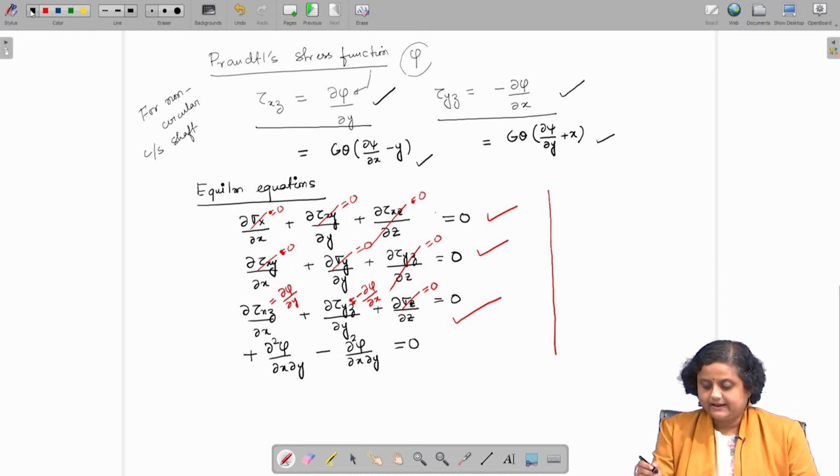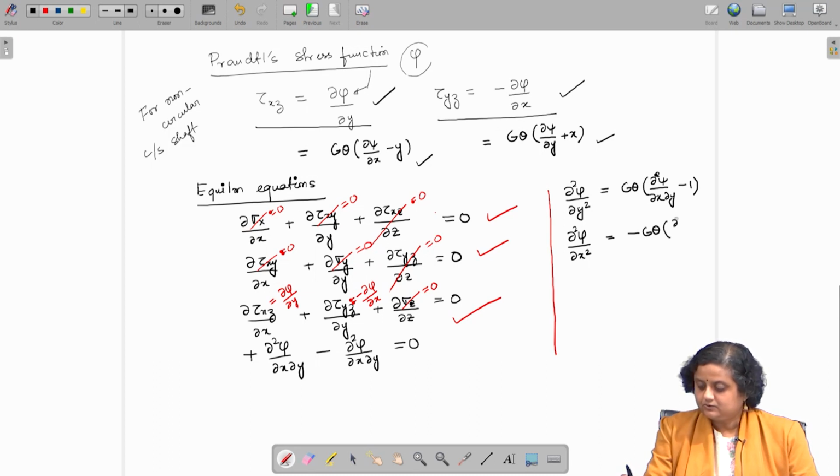We can say that del 2 phi by del y square can be written as G theta (del 2 psi by del x del y minus 1), and del 2 phi by del x square can be written as minus G theta del 2 psi by del x del y.